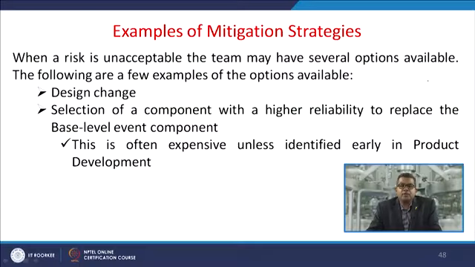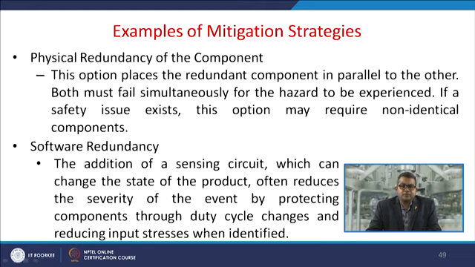So, when a risk is unacceptable, the team may have several options available. A few examples of the options: you may change the design, you may select a component with higher reliability to replace the base level event component. Now, this is often expensive unless identified early in product development.